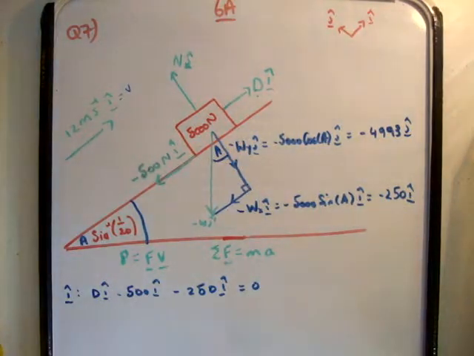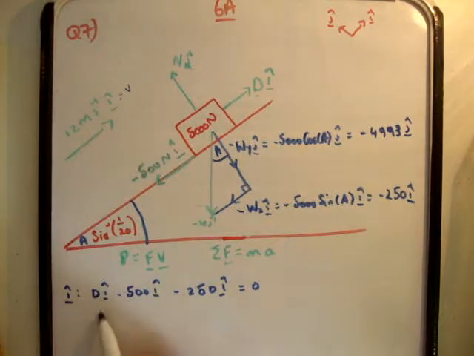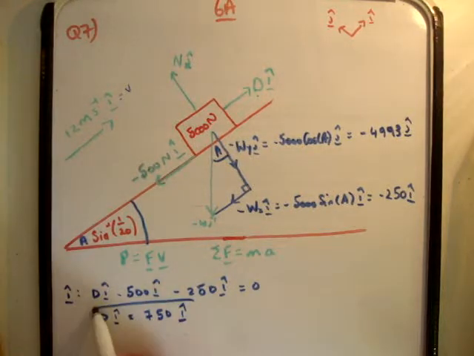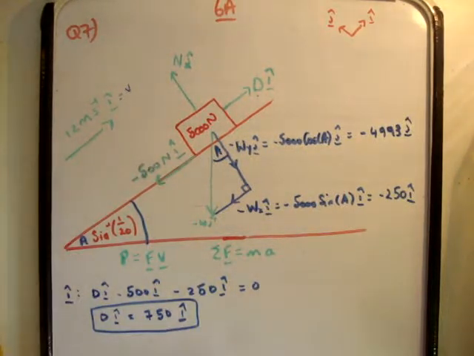Notice we weren't even given the mass because we didn't need it. So that means the vector D i hat is equal to 750 in the positive i hat direction. That is the force driving the car.